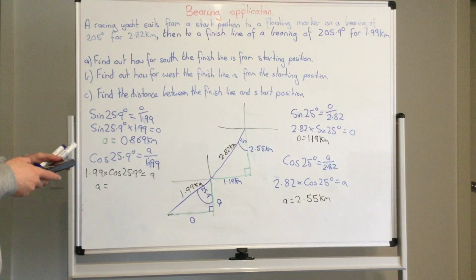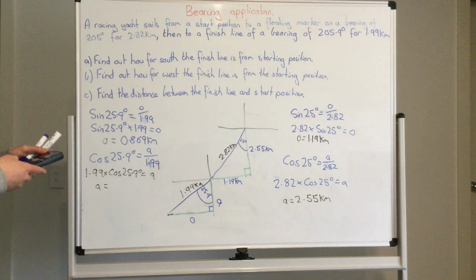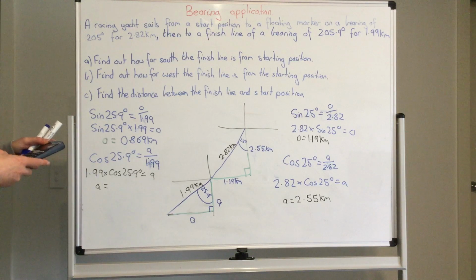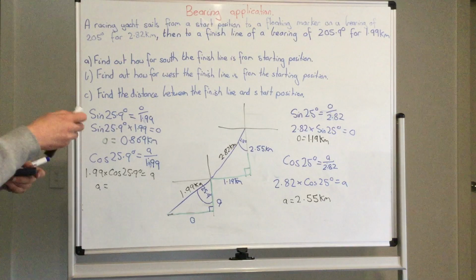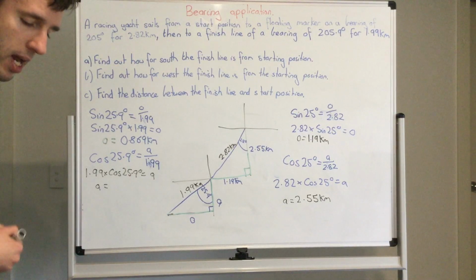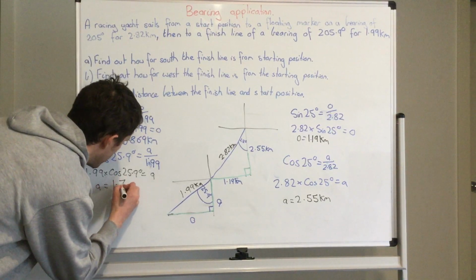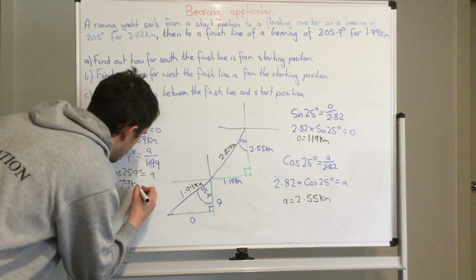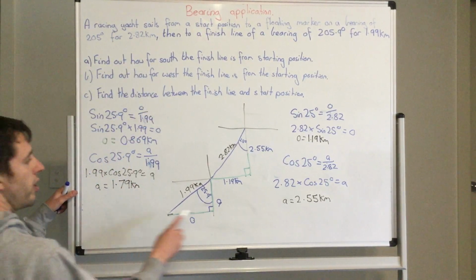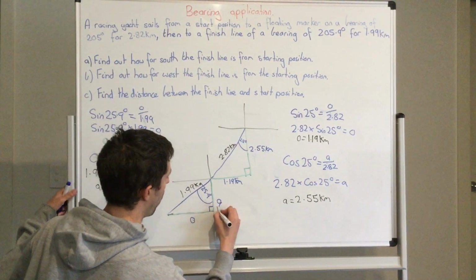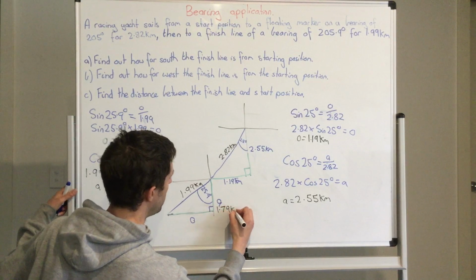So our adjacent will be 1.99 times cos 25.9 degrees. And that equals 1.79 kilometers.